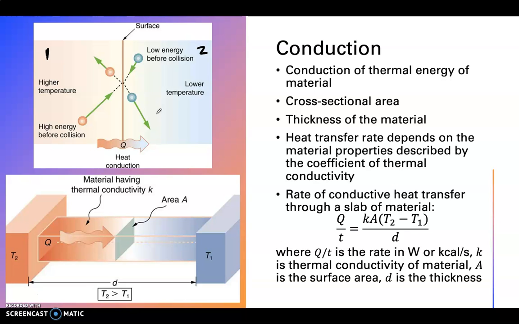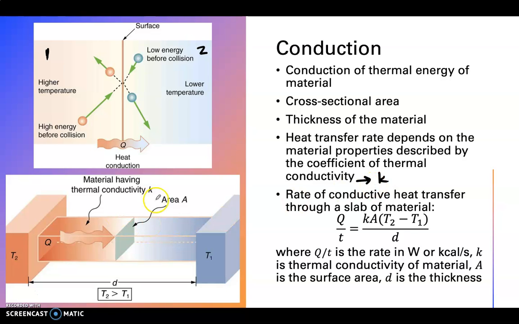So it's getting hotter on that side. So we want to know what this transfer rate is between these two different objects, two different substances. And that's going to depend on the material properties described by this coefficient of thermal conductivity, and that is K.